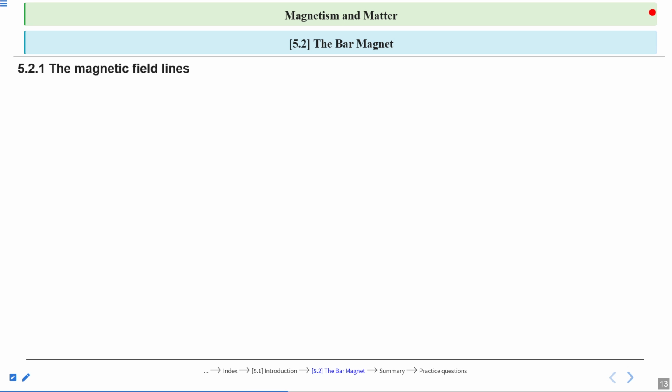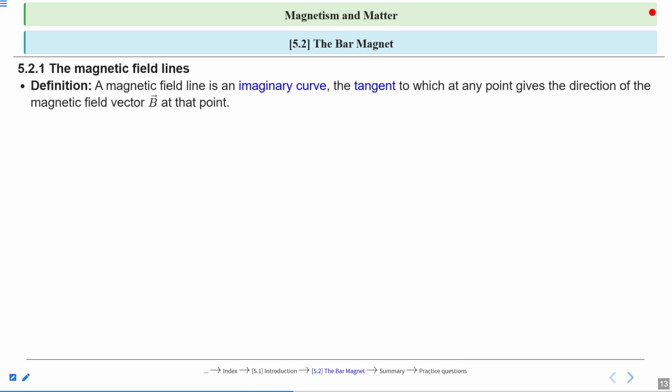Now, section 5.2.1, under section 5.2. The definition of magnetic field lines: a magnetic field line is an imaginary curve, the tangent to which at any point gives the direction of the magnetic field B at that point.